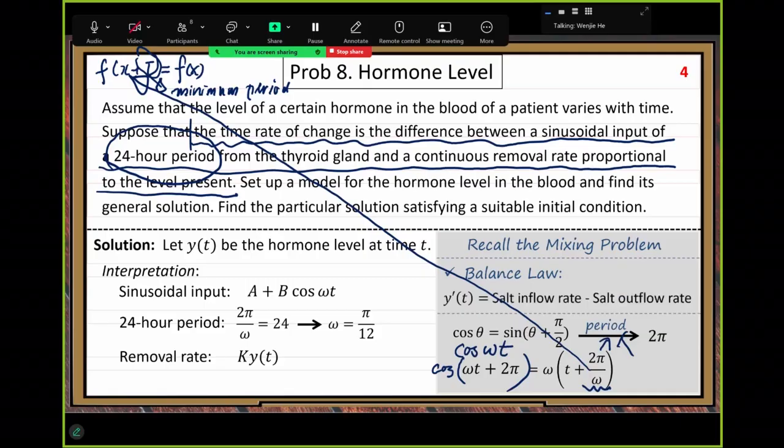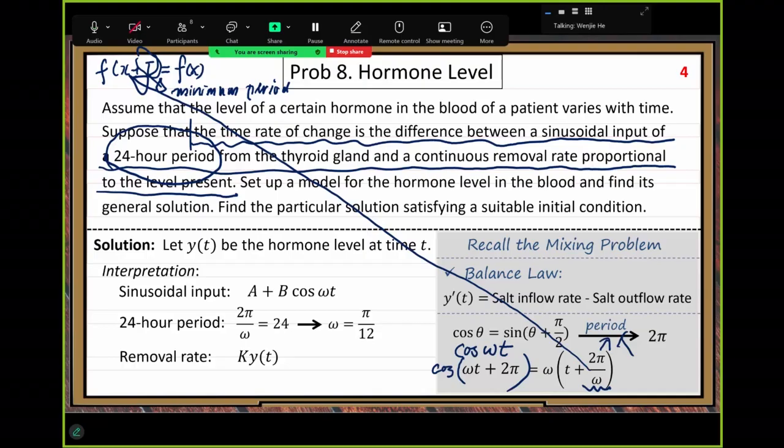Y of t, the hormone rate of change equals, by the balance law, salt inflow rate, here the sinusoidal input. That's the inflow rate. Then salt outflow rate, that is the removal rate.